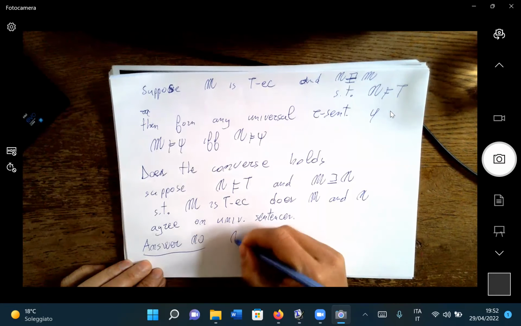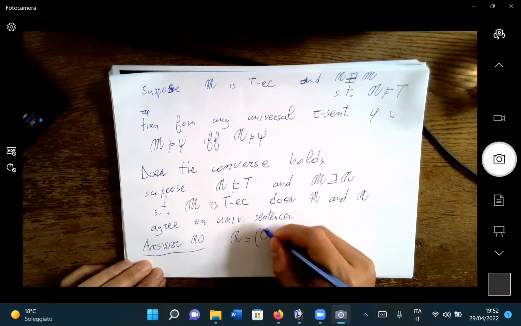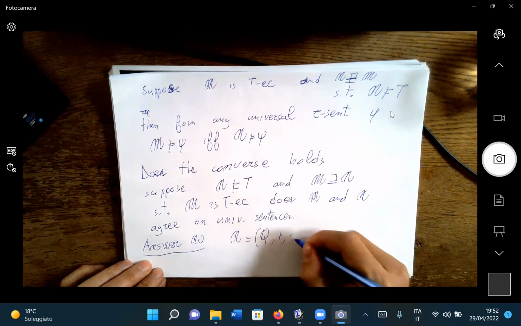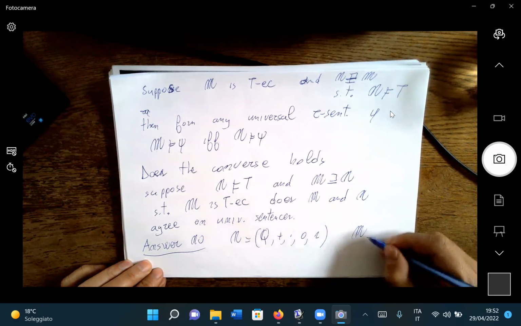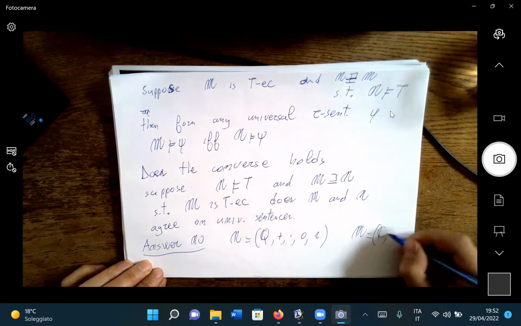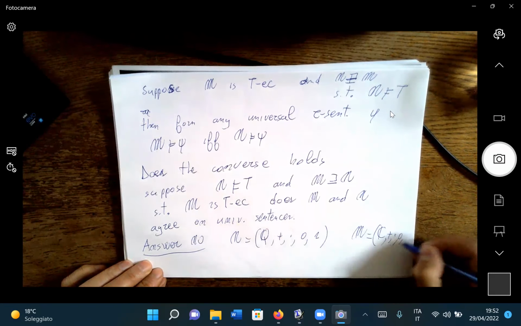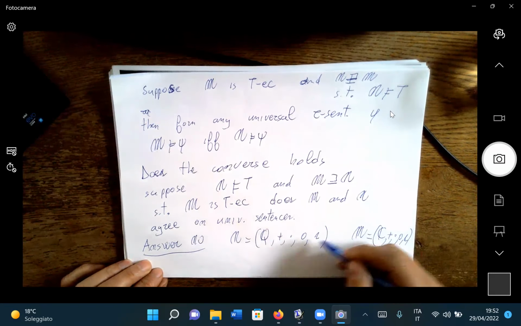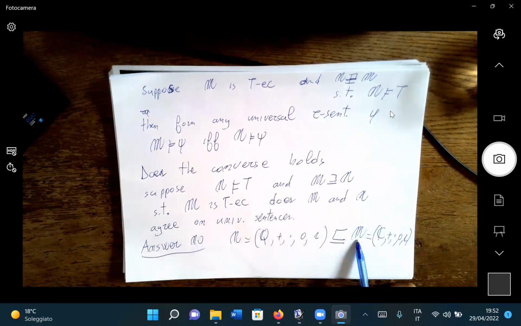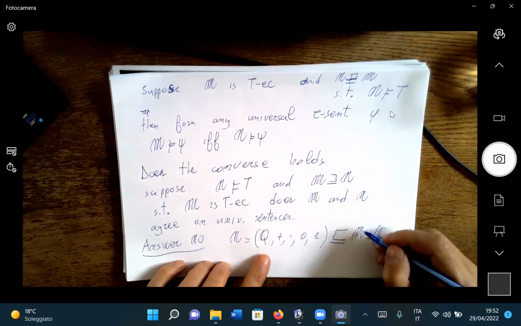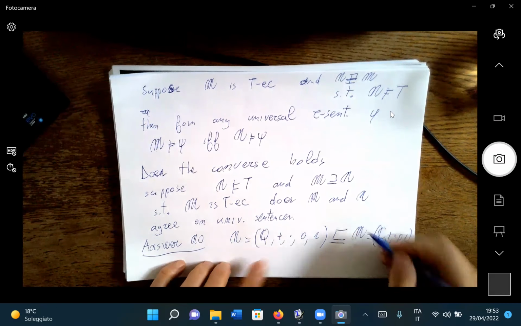You take as N the rationals with plus, times, 0, 1, and you take as M the complex numbers with plus, times, 0 and 1. What happens is that this is a substructure, and this is existentially closed for the theory of fields.